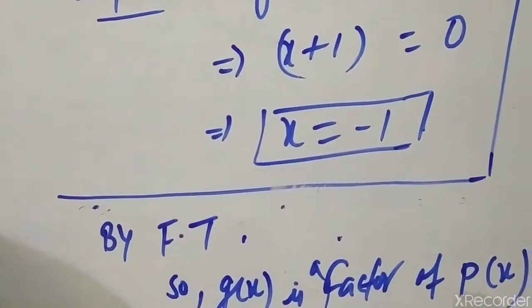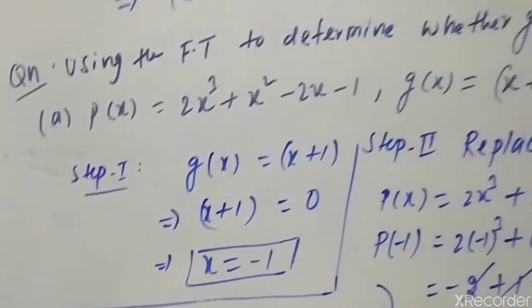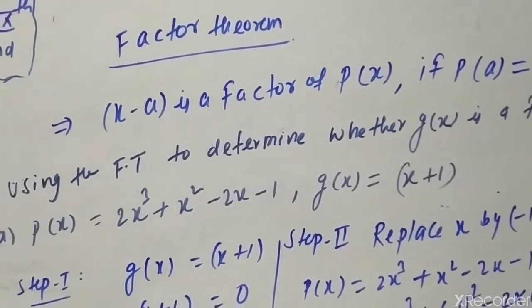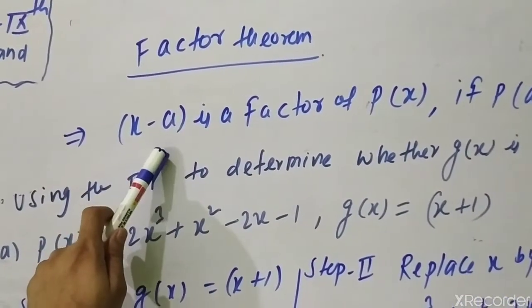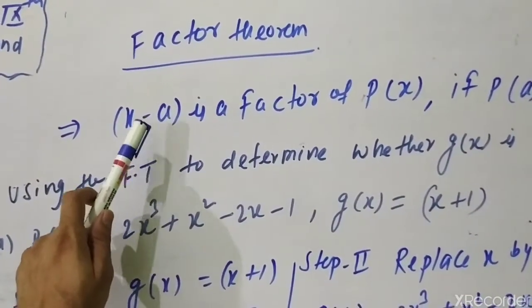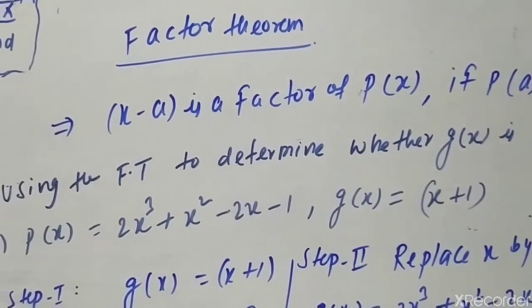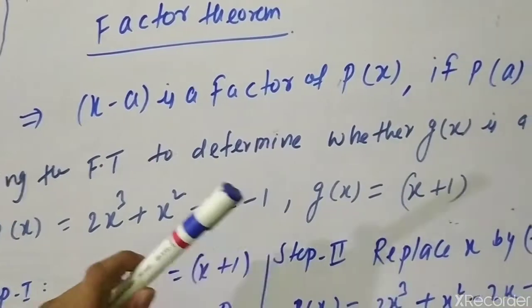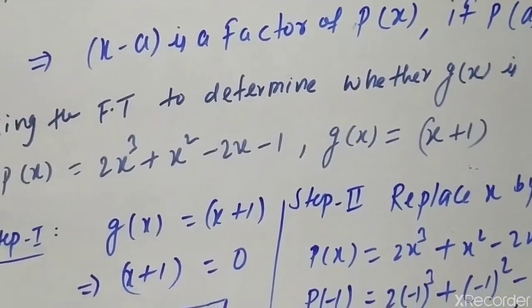If it is 0, then we can say g of x is a factor of p of x. This is how we use the factor theorem. Dear students, very important: the divisor should be linear, and a is any real number. x minus a is a factor of p of x if p of a equals 0. This is all about the factor theorem.